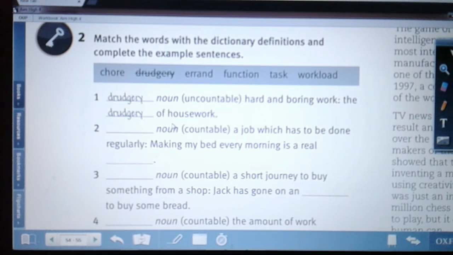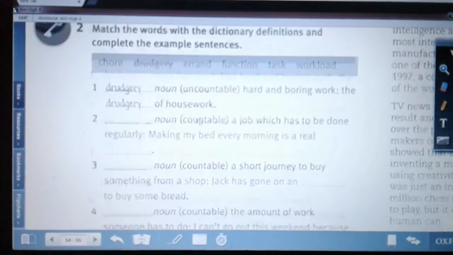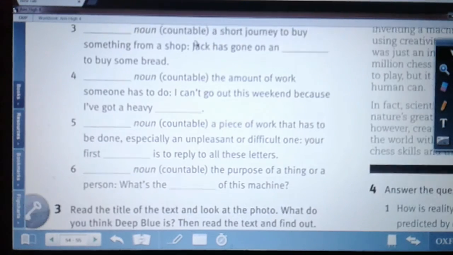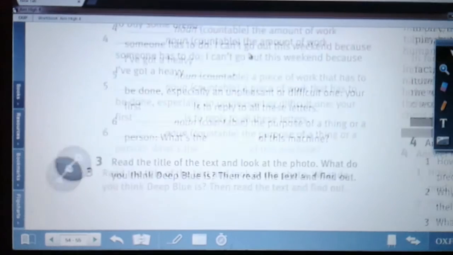Drudgery is a noun. It is an uncountable noun, which means hard and boring work. And the example is the drudgery of housework. So finish the rest of the numbers, guys. You still have to fill in the blanks on number 2 till number 6.